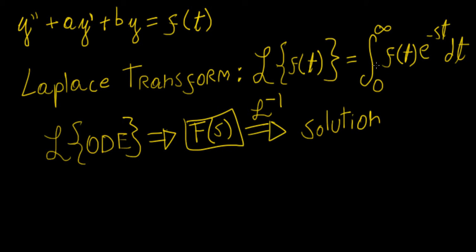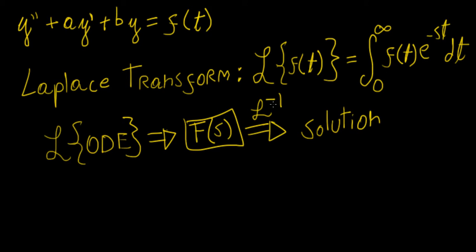The double-sided Laplace transform would go from minus infinity to infinity. The main difference is that because we're working with time in most cases, because we care about dynamical systems in real time, time can only start from 0. That's why we use the one-sided Laplace transform to solve those problems.